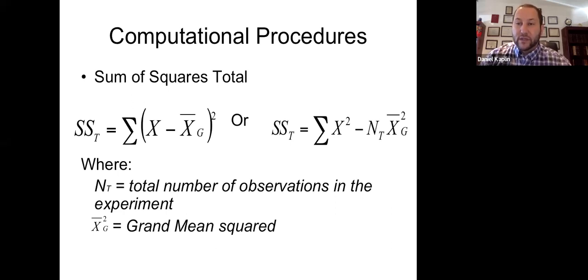That's more of a definitional formula. Or it's expressed as the sum of the x squared column, which I'm going to do both of these, minus the total number of participants times the grand mean squared. That would be more of a computational formula.